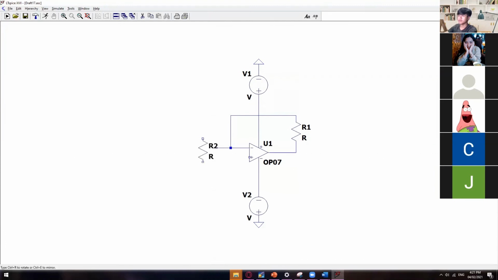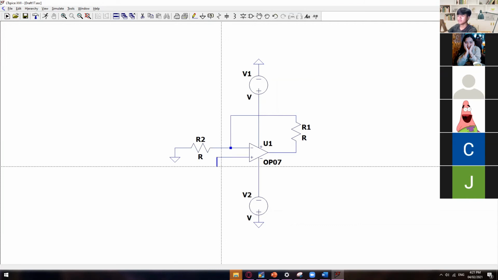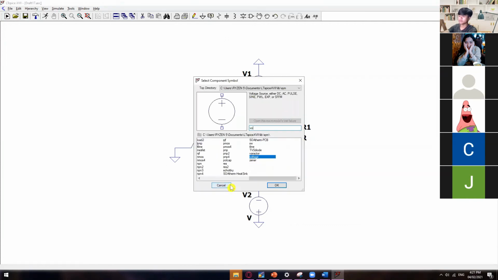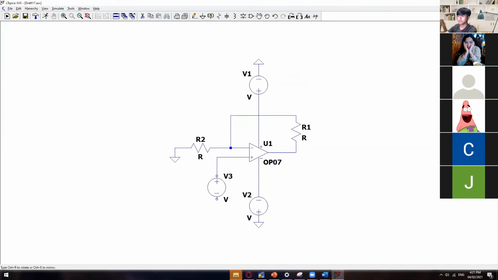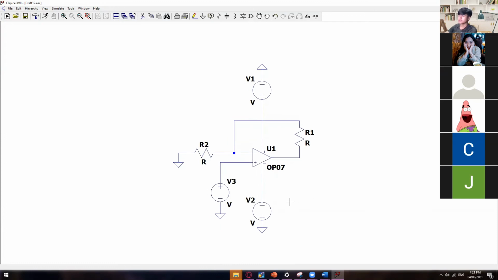This is the R1, which is also grounded, of course. And then we have here the voltage input, which is also grounded. All right, so we're now done.